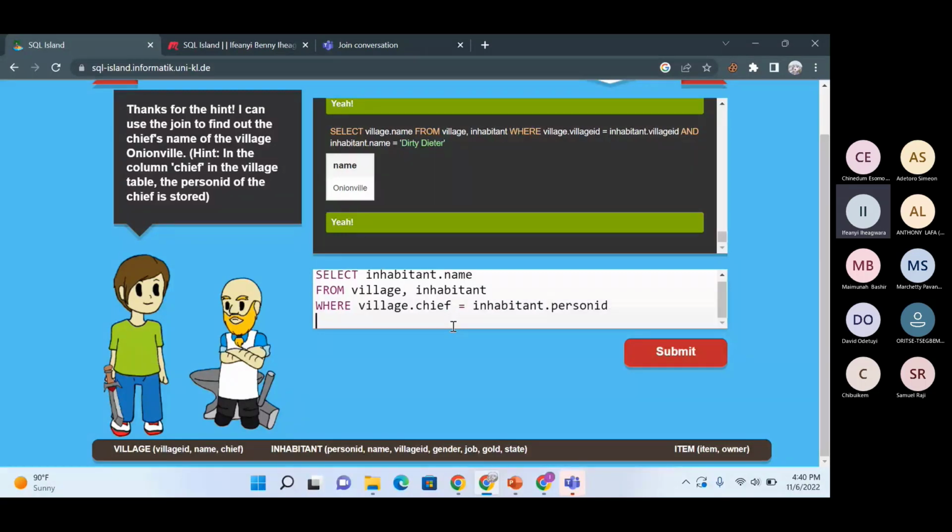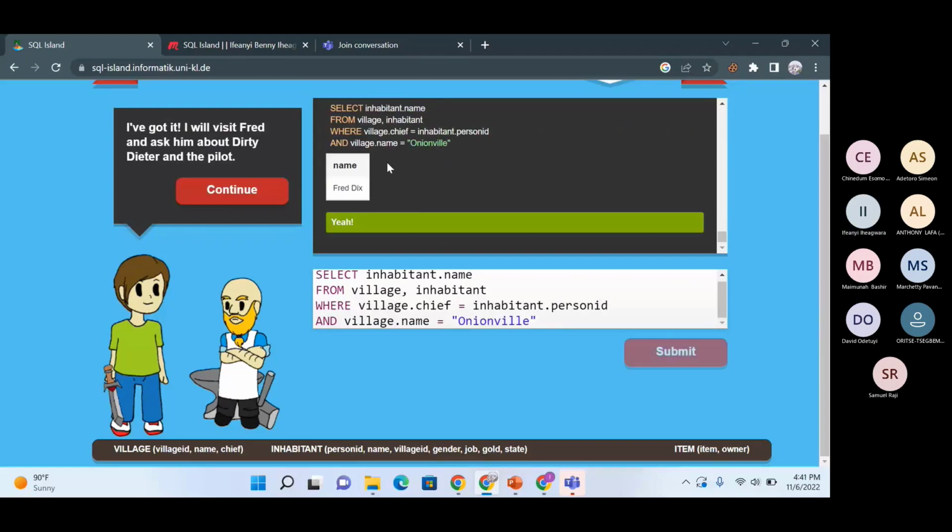And we also want this particular village, Onionsville, so I'm just going to copy it to make sure I don't make a mistake. Where village.name equals this, and we submit our query. So this is the name of the chief, Fred.